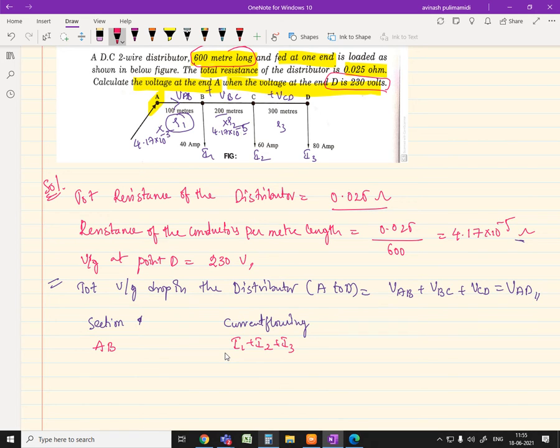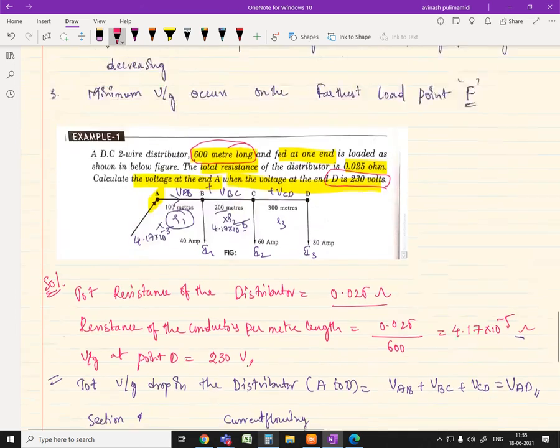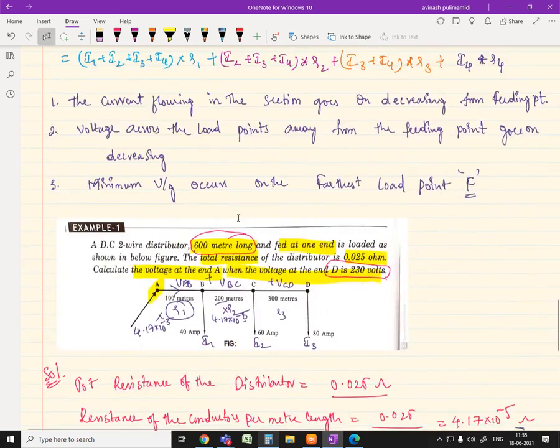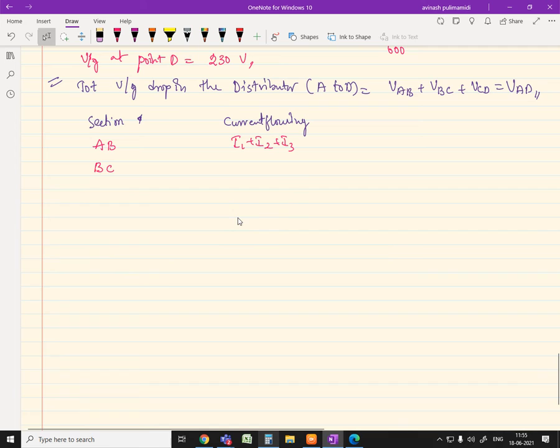In the same way, section BC. If you don't remember this form, just go back to this point. In the initial section, what is the total current? The sum of all the load currents. Then in BC, what is the total current? I2 plus I3. In CD, total current will be just I3. Hope you understood, right?